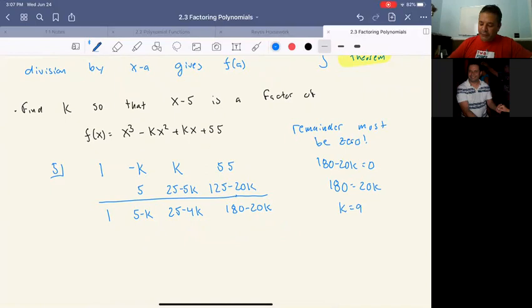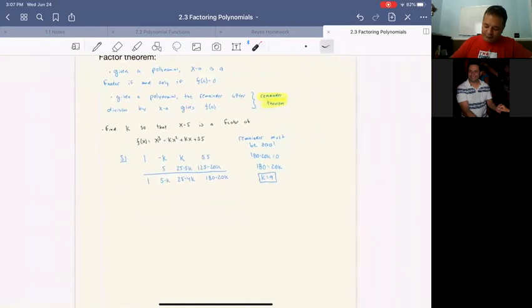All right, so 9 is the value that we need in order for x minus 5 to be a factor of this term.